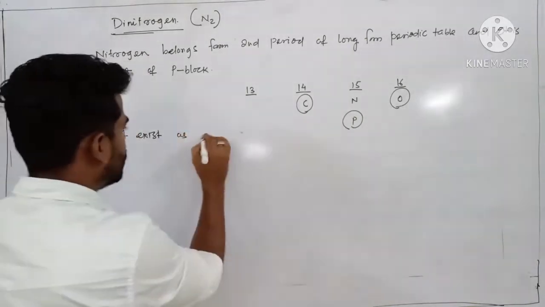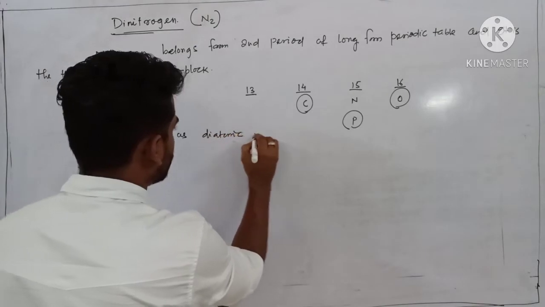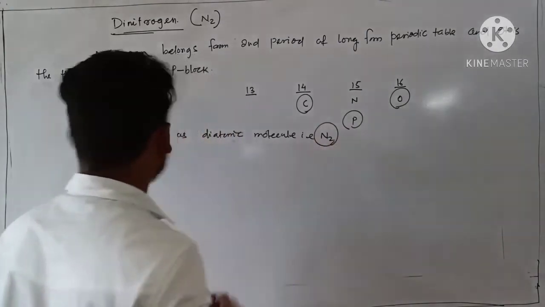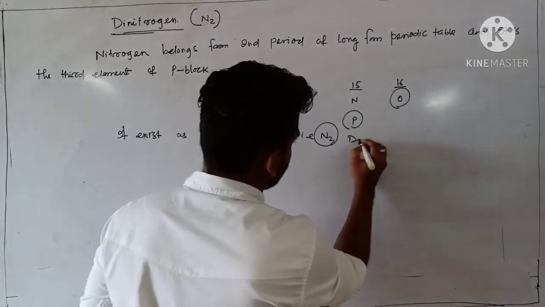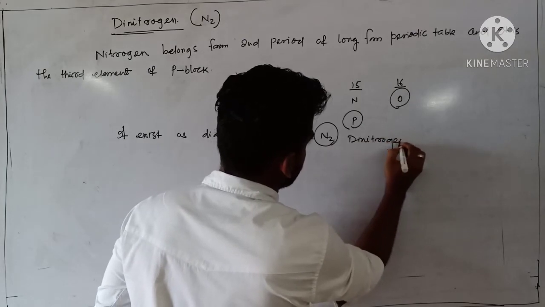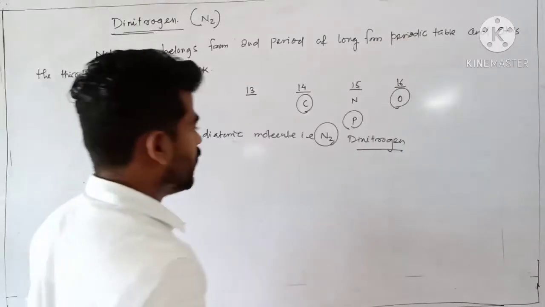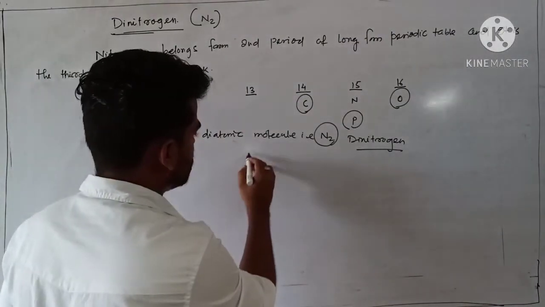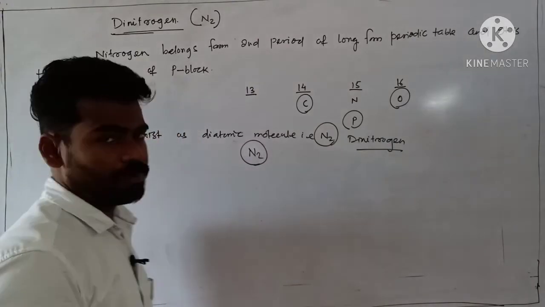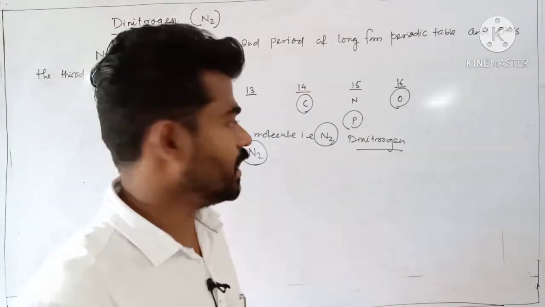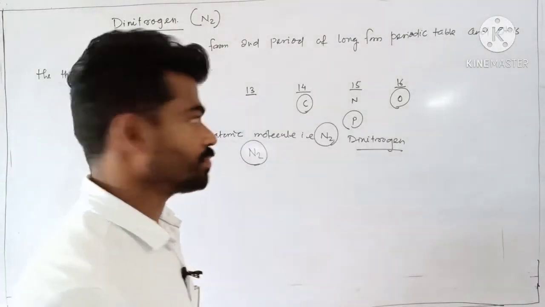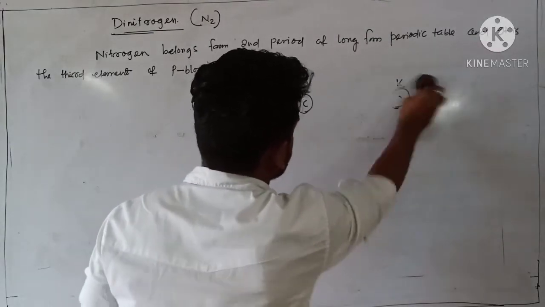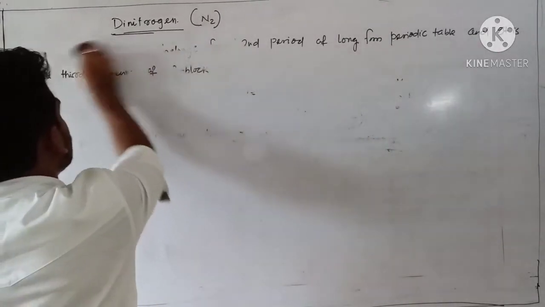It exists as a diatomic molecule, that is N2, also known as dinitrogen. Clear? Now straightforward we have to discuss the preparation of dinitrogen.